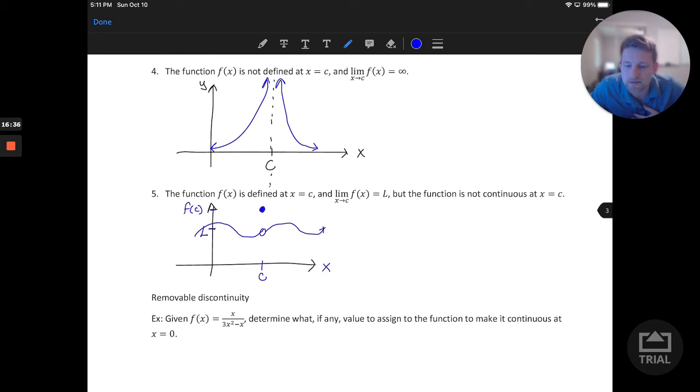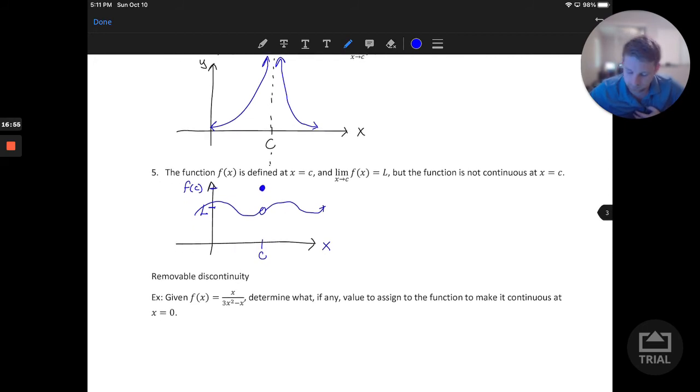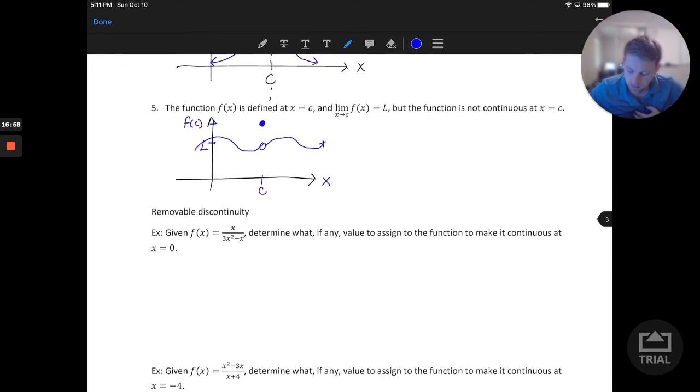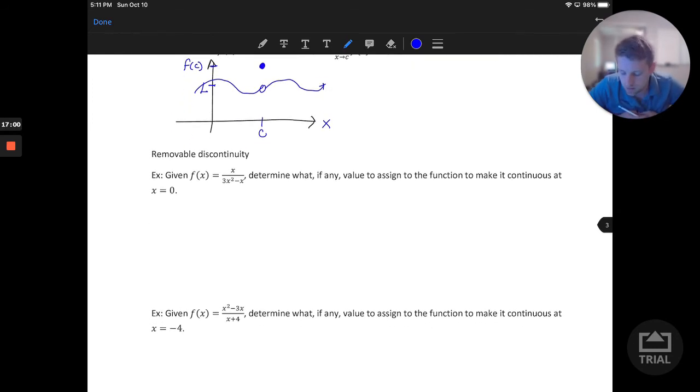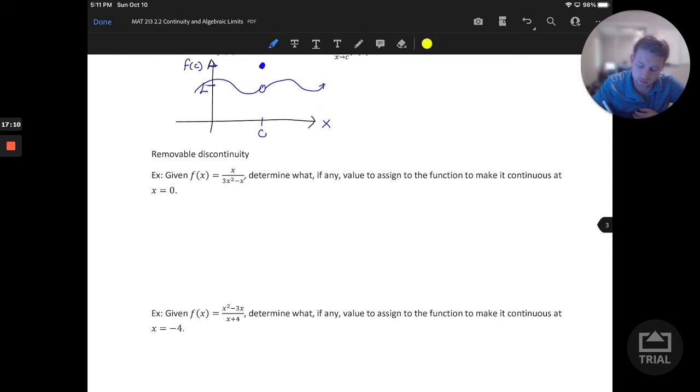So our f of c is at a different place than the limit value L. We're defined at f of c, and we have a limit that exists at L. So that would be kind of our jump point discontinuity. So let's consider this removable discontinuity or removable singularity value a little bit more.